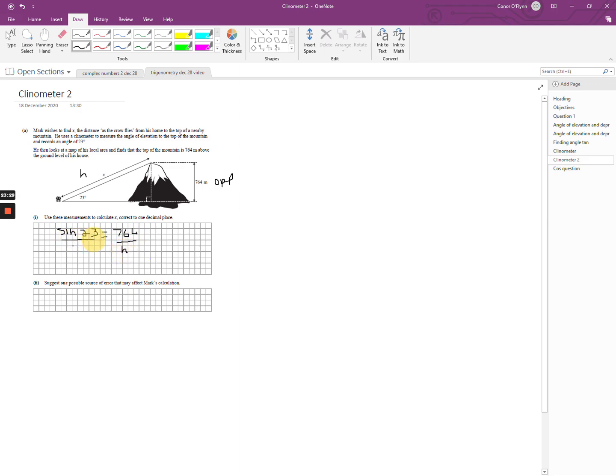Okay, and again, cross multiply. So basically h sine 23 equals 764, so h equals 764 divided by sine 23.